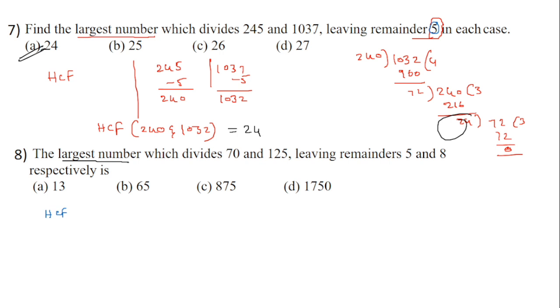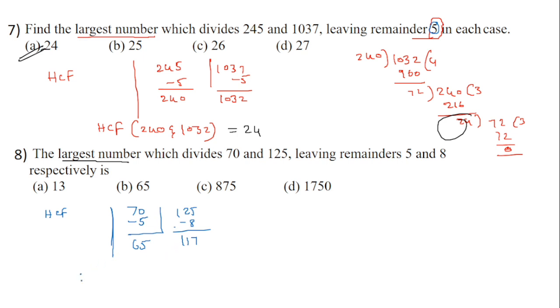But here, in both numbers, it leaves different remainders. So we have to subtract 5 from the first number and 8 from the next number. So the resultant numbers are 65 and 117.